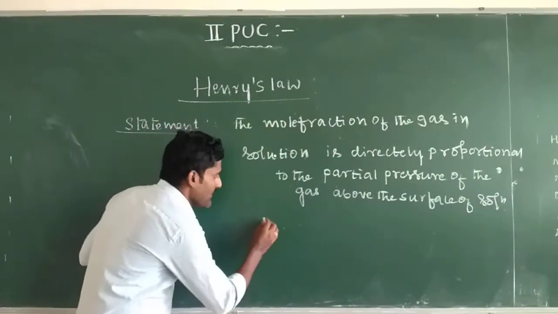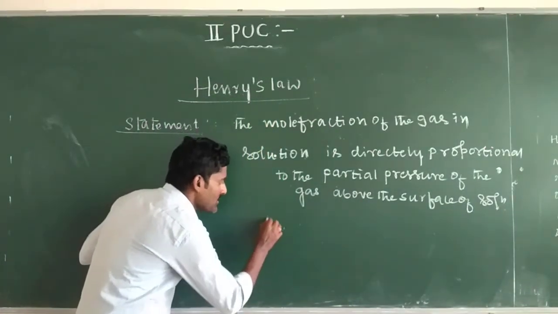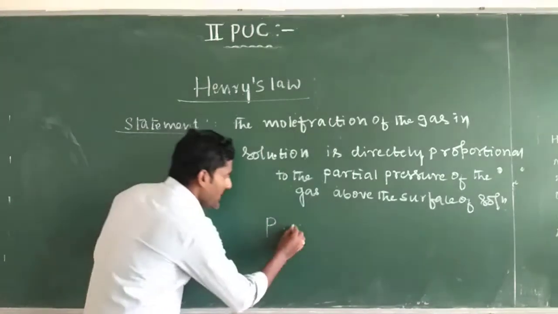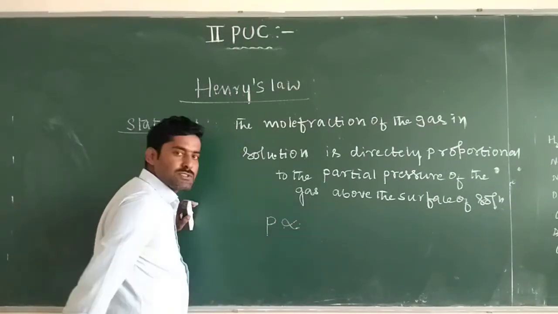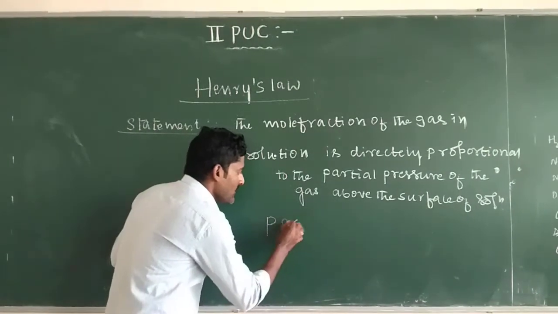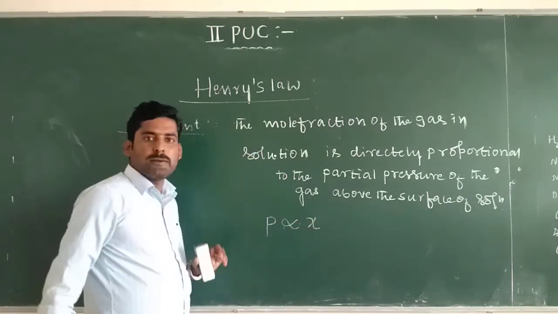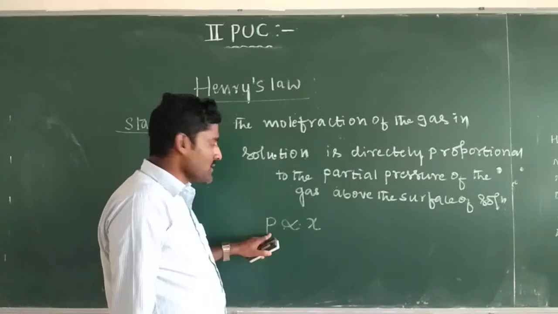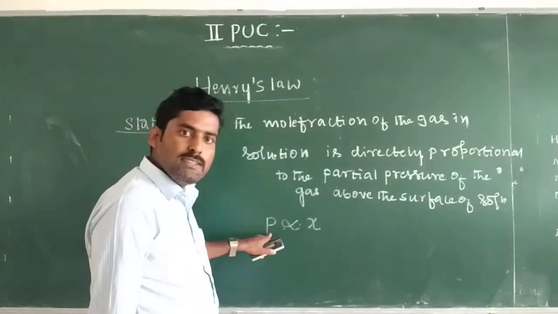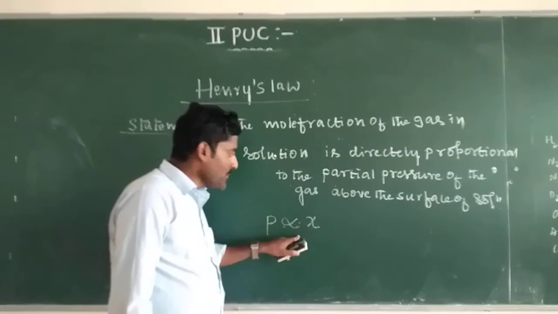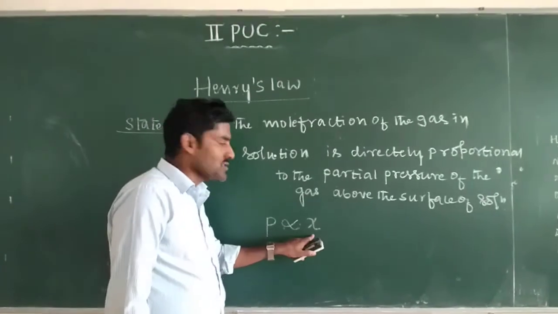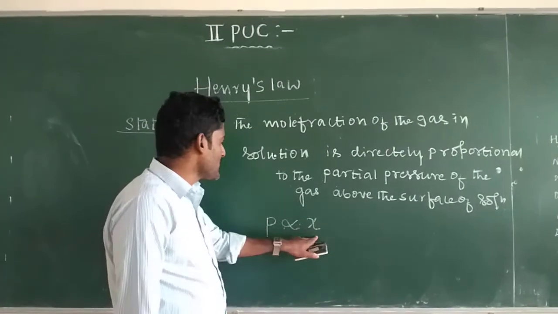So that is, partial pressure of the gas P is directly proportional to the mole fraction. Mole fraction can be represented by X. So partial pressure of the gas above the solution is directly proportional to the mole fraction of the gas in the solution.